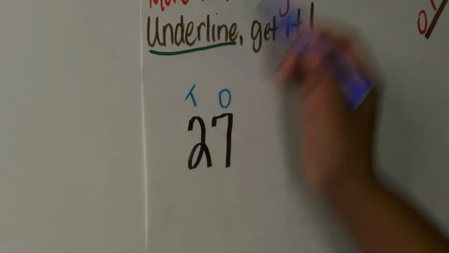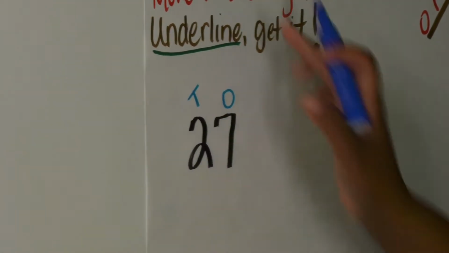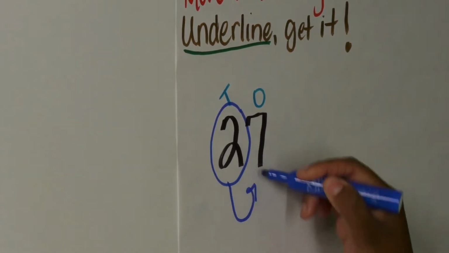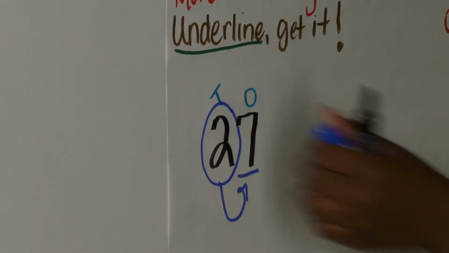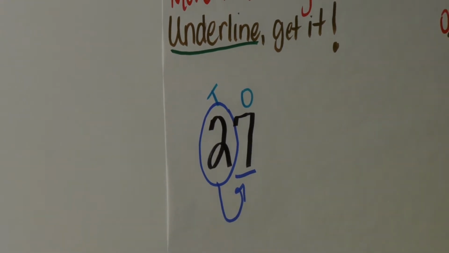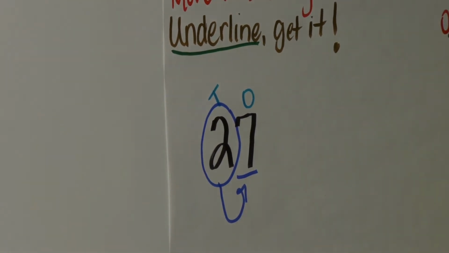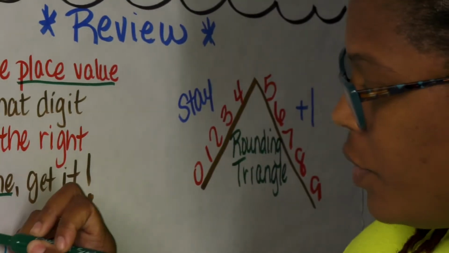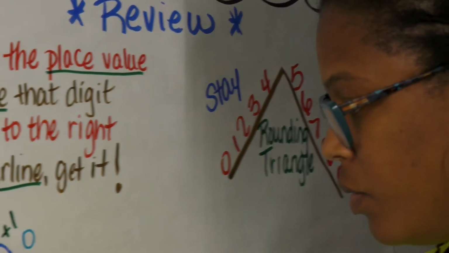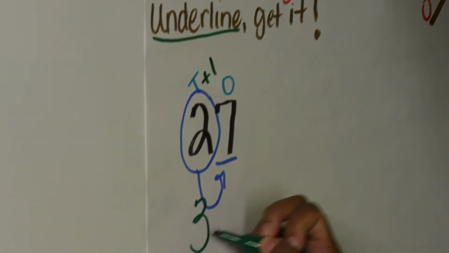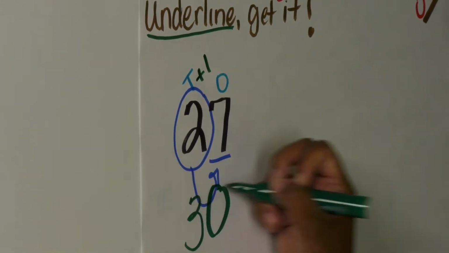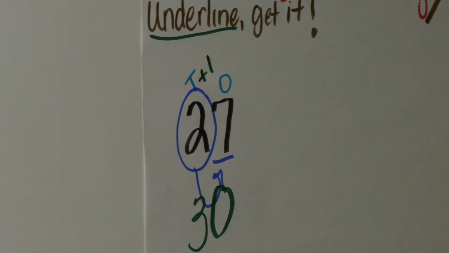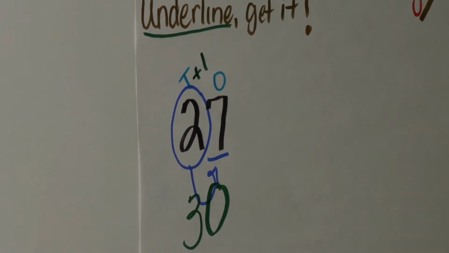I'm going to find the place value, tens, circle that digit, 2, move to the right, and the 7 is going to tell me what to do to the 2. The 7 tells me, according to our rounding triangle, it's on our +1 side. I'm going to add 1. So now 27 rounded to the nearest tens place equals 30. Remember, any digits after the circle digit become a 0.